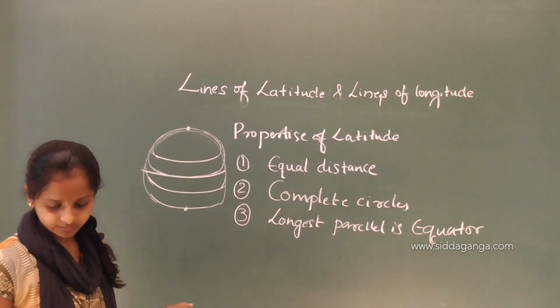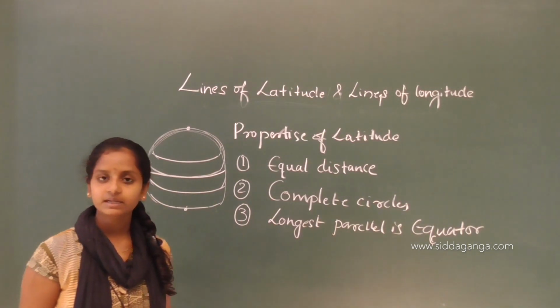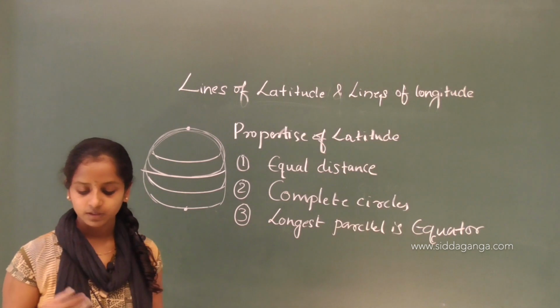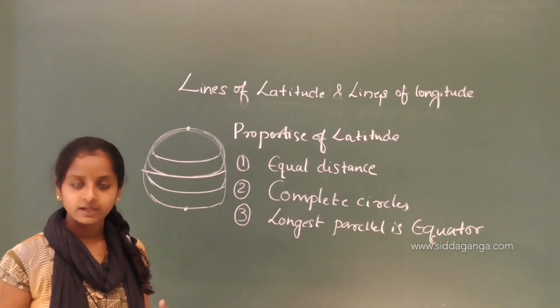Then the length of the other parallels decreases when we go from the equator towards the poles.